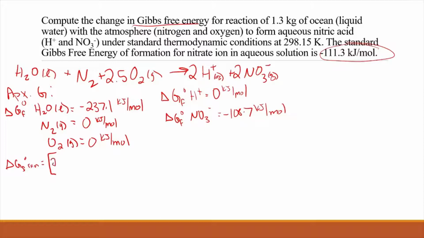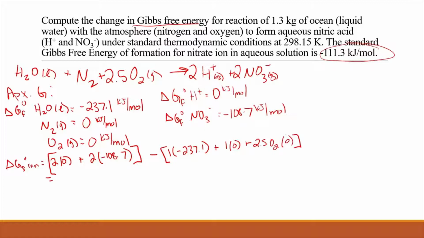So we have 2 hydrogens times 0 plus 2 nitrates times negative 108.7. And these are our products minus our reactants. We have 1 water at negative 237.1 plus 1 nitrogen at 0 and plus 2.5 oxygens that are also 0.